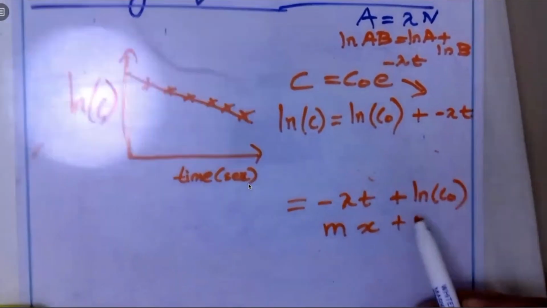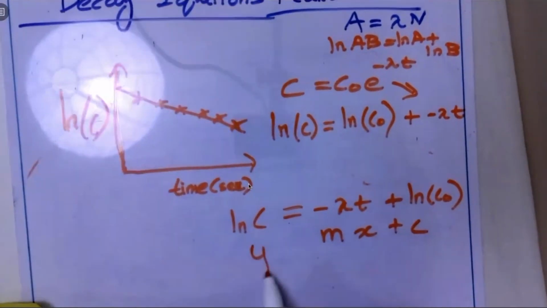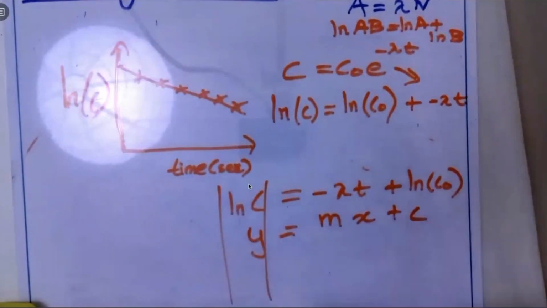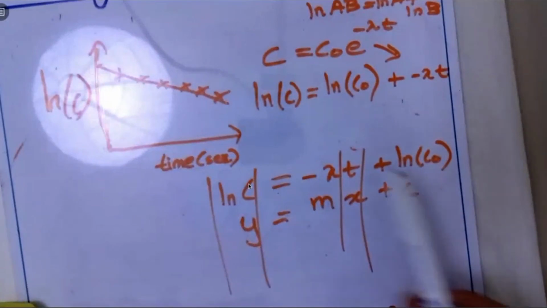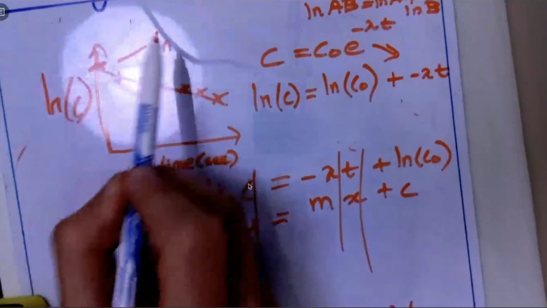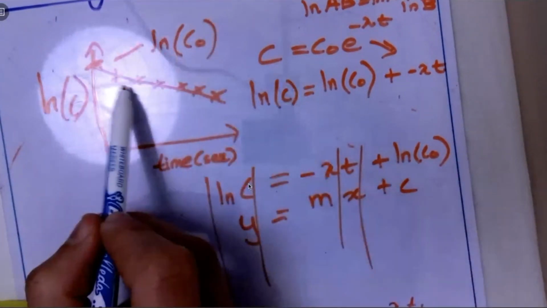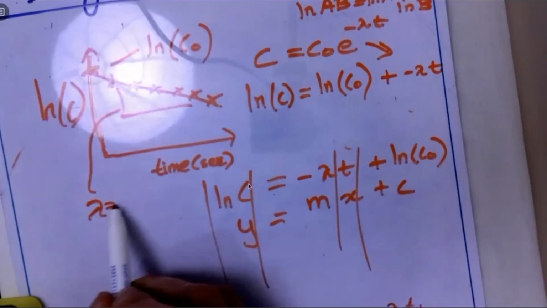This is my c, therefore my log C is my y. This is the form. So my y is my y-axis, my t is my x-axis. This is my y-intercept, so here I'm going to get a log C naught. And my gradient, rise over run, is my decay constant.